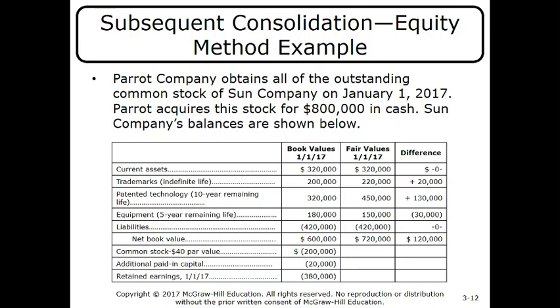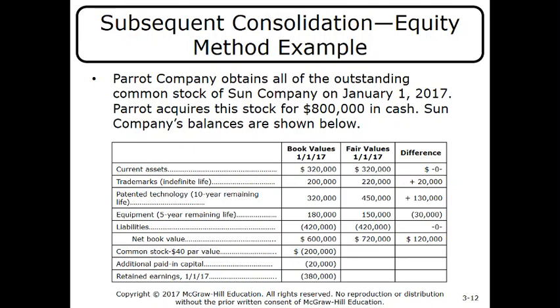And so, just eyeballing that, you can tell that you've identified the assets that have fair value over book value of $120,000. So the excess payment made by Parent to Sun is due to goodwill. Notice that trademarks are $20,000 more than their book value.